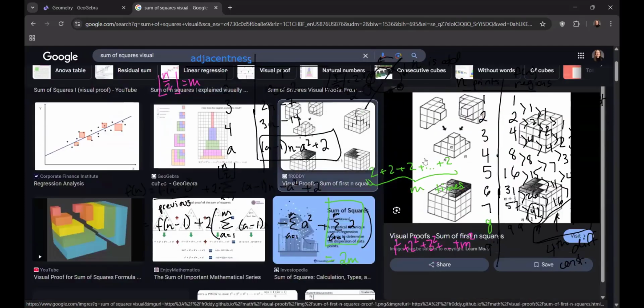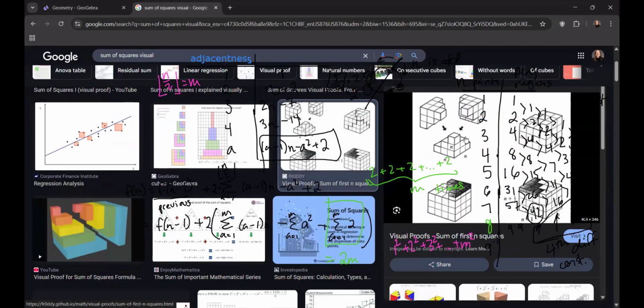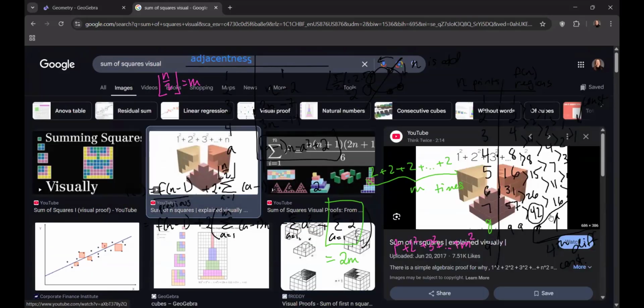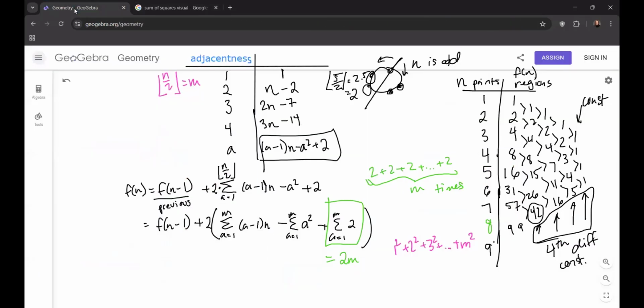There are some neat visual proofs about when you add up square things, you end up with something cubic. It looks like this might be a nice explanation, so I'll go ahead and link that video in there. But I'm not going to get into the details. I will say just that when I have a sum of squares, that is going to be something cubic.